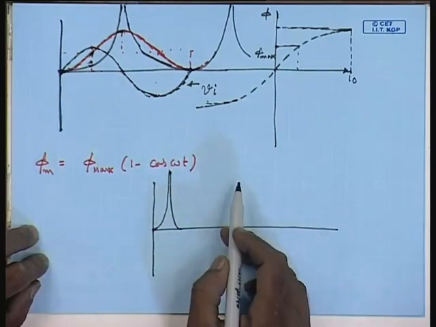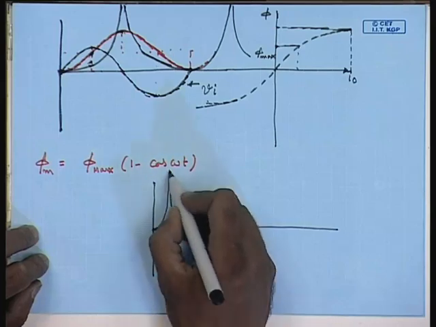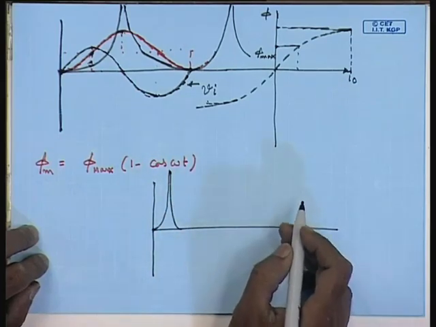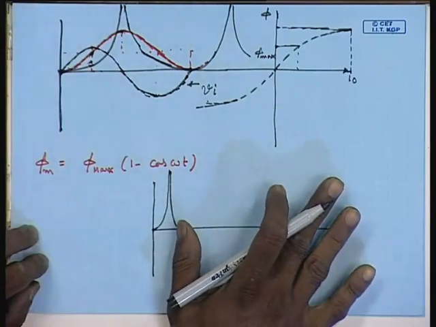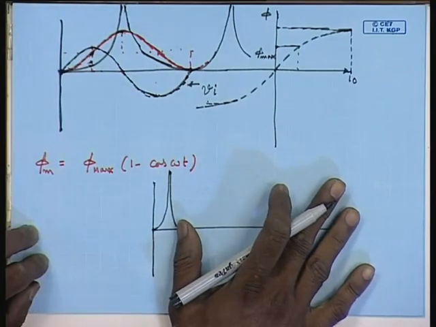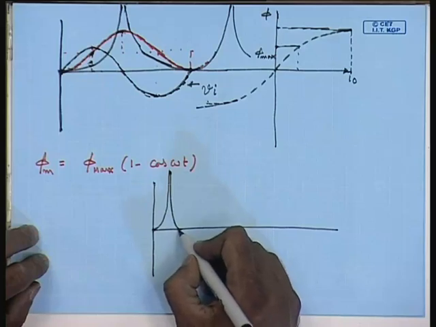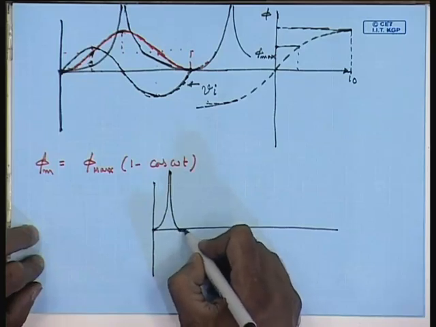It does not become negative initially. Then slowly, because of different losses in the core, the flux gradually reduces and settles down to its final value. Accordingly, current also gradually reduces.